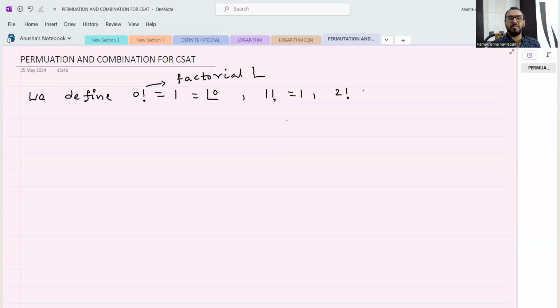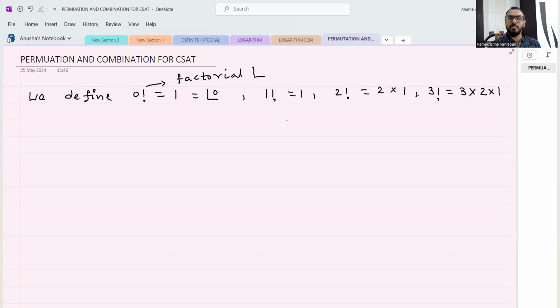2 factorial: you start from 2 and go down to 1, 2 into 1. 3 factorial is nothing but start from 3, decrease 1 by 1 until you reach 1: 3 into 2 into 1.